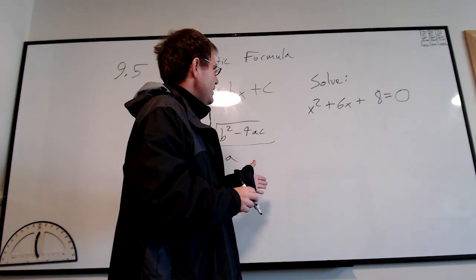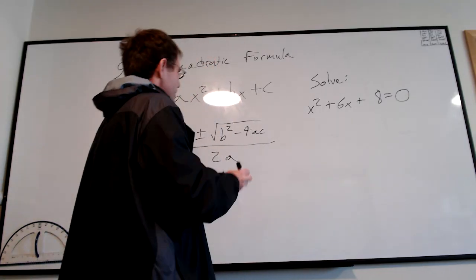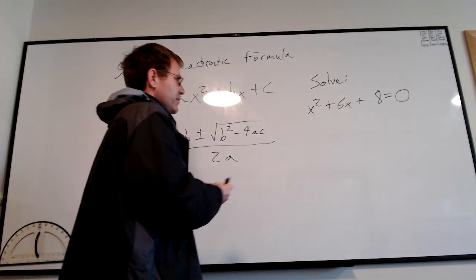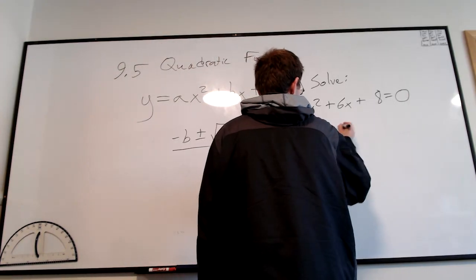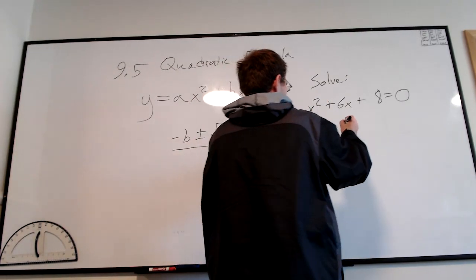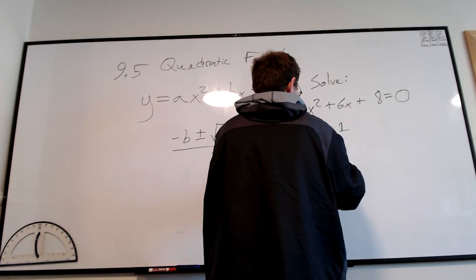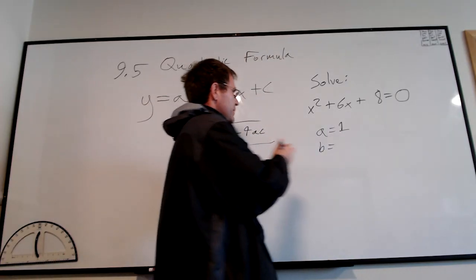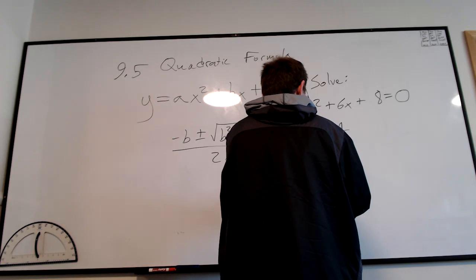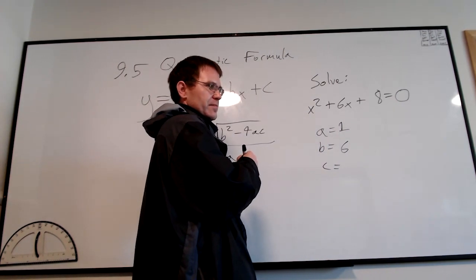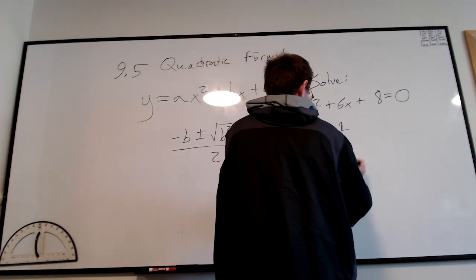So the first stage is always write out what a equals, what b equals, and what c equals. So what does a equal? 1. Yep, a equals 1. We've just got 1x squared. Okay. What does b equal? 6. B equals 6, yep. And then what does c equal? 8. Yeah, it equals 8.